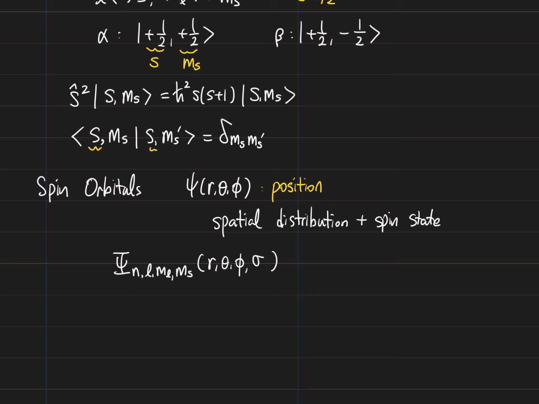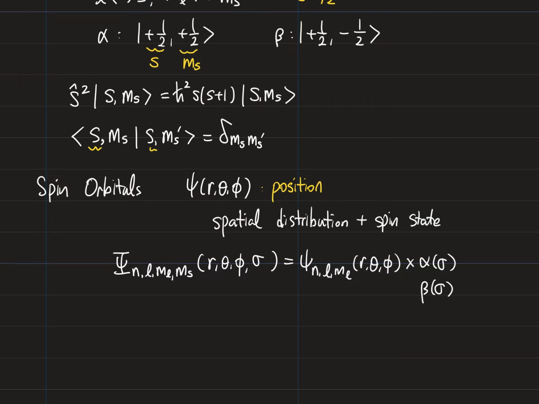The spin variable is sigma, right? That's my mistake. Actually, this consists of two parts, the spatial part psi n l m sub l, multiplied by the spin part. So maybe you want to use beta here. Because of this, we now require four quantum numbers.